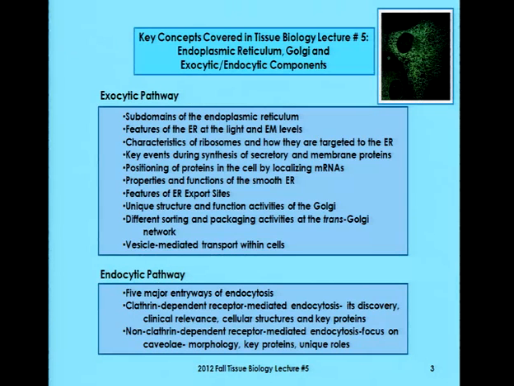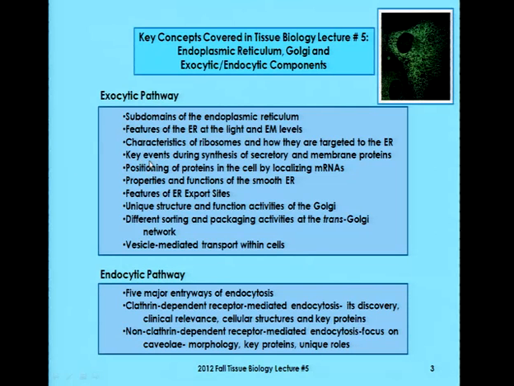In this lecture, the key concepts that we'll be covering are summarized here. The exocytic pathway, we'll be considering the subdomains of the endoplasmic reticulum, features of the ER at the light and EM levels. We will be covering characteristics of ribosomes and how they are targeted to the ER.